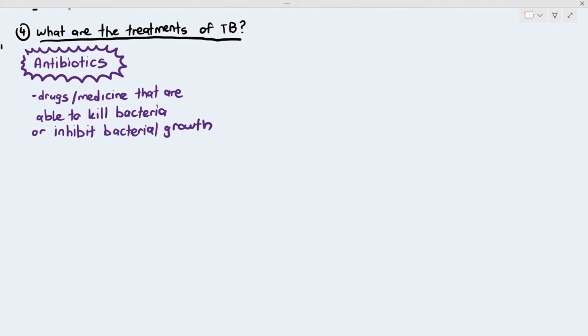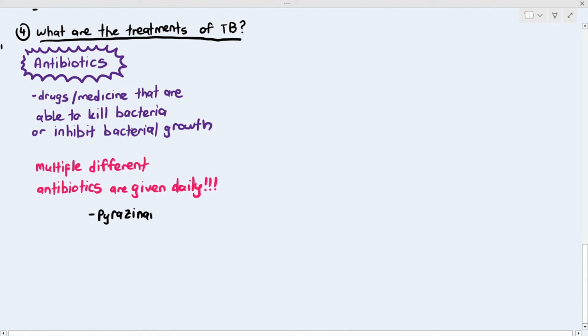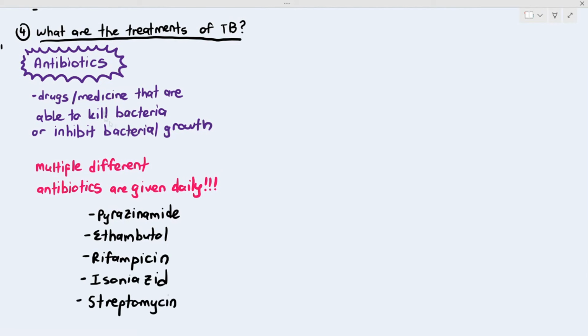The thing about TB is just because you have antibiotics doesn't mean it's easy to treat TB. The reason is because multiple different antibiotics are given daily to the patient with active tuberculosis. The antibiotics may include pyrazinamide, ethambutol, rifampicin, isoniazid, and streptomycin. Now, I know what you might be thinking.